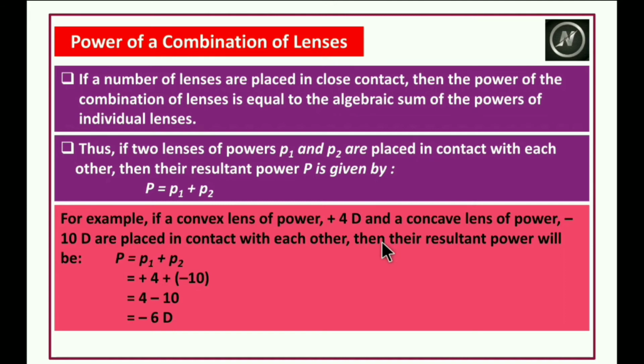The plus sign indicates the convex lens and the minus sign indicates the concave lens. So the total power of the lens will be equal to P1 plus P2. P1 is plus 4 and P2 is minus 10. So 4 minus 10 is equal to minus 6D. The resultant power will be minus 6D.